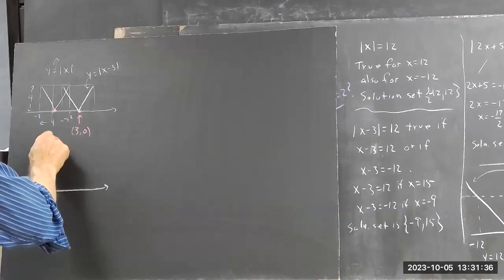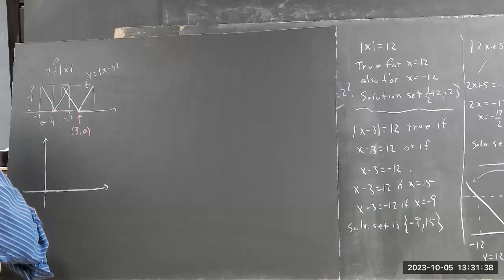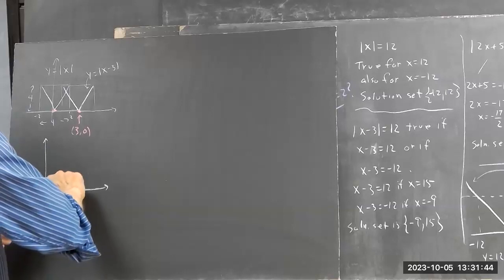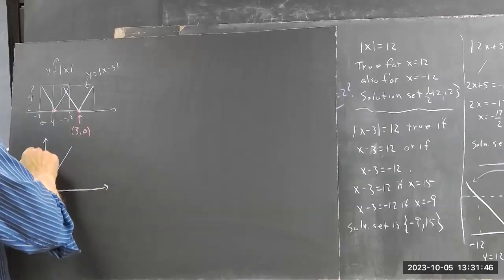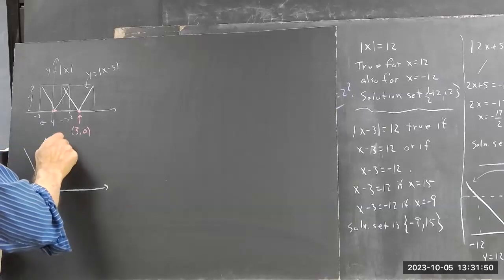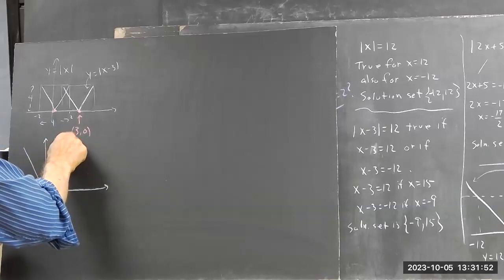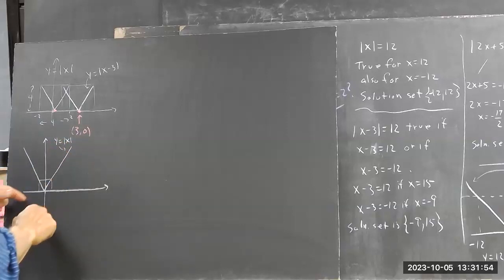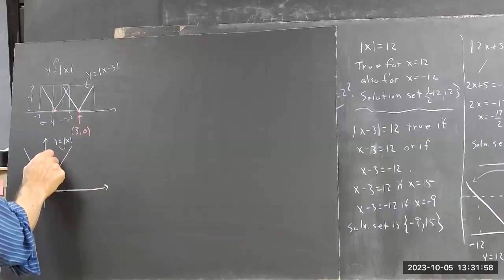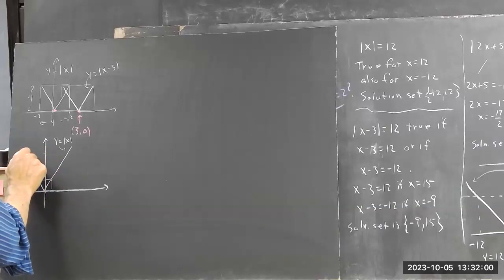I draw the same thing like this with my 4x4 square here, and extending this. Still y equals absolute value of x. And now my scale is bigger because right here is 4. So here would be like 8, and here would be like 12.